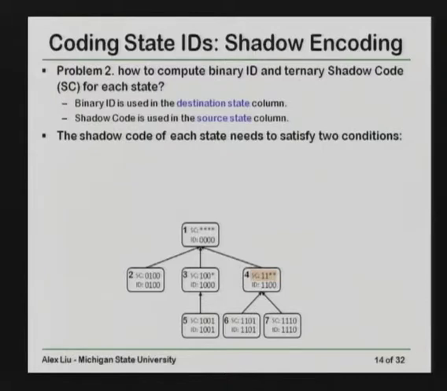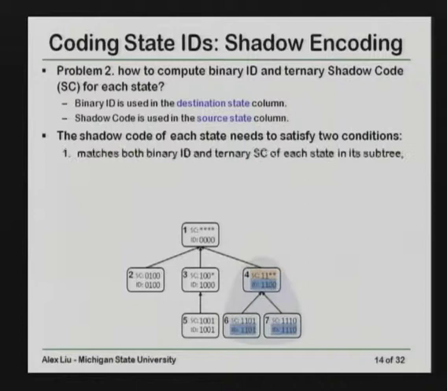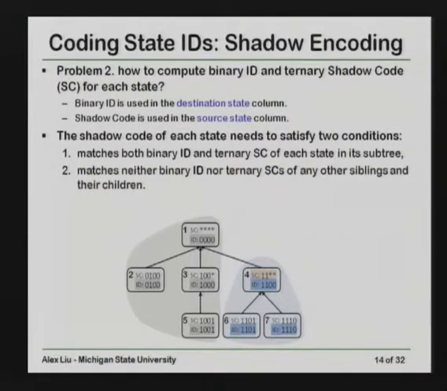So the shadow code of every state needs to satisfy two conditions. One is that the shadow code of every state needs to match all the binary IDs and ternary shadow codes of all the states in its subtree. For example, the state colored light blue, 10, has shadow code 10**, and it needs to match all the binary IDs and shadow codes in its subtree.